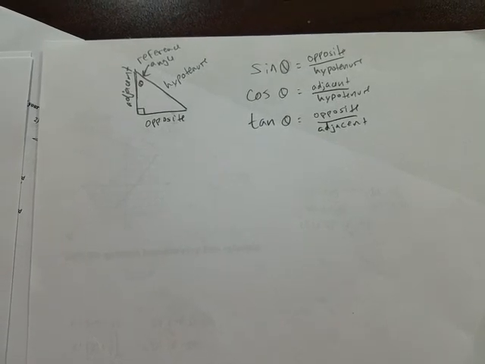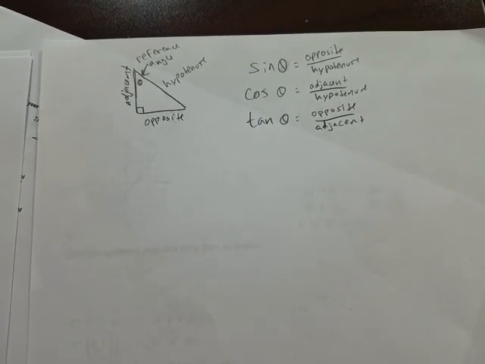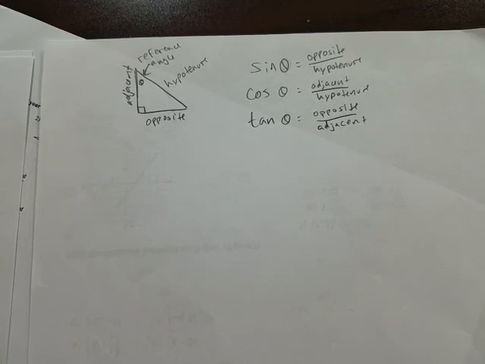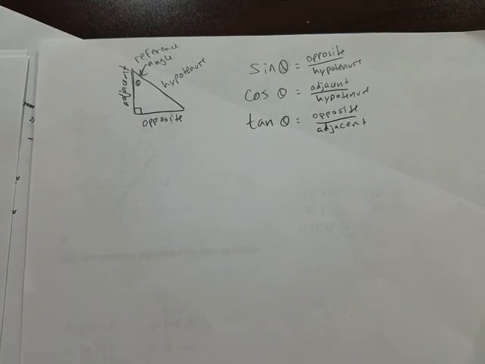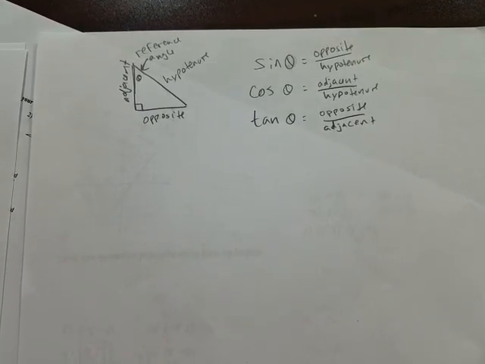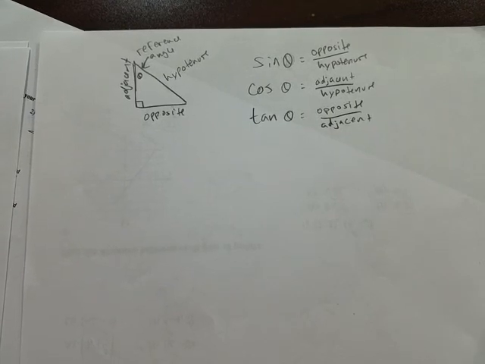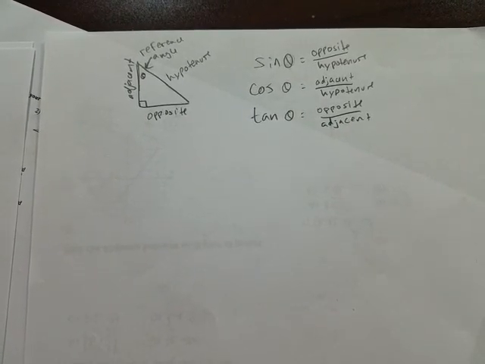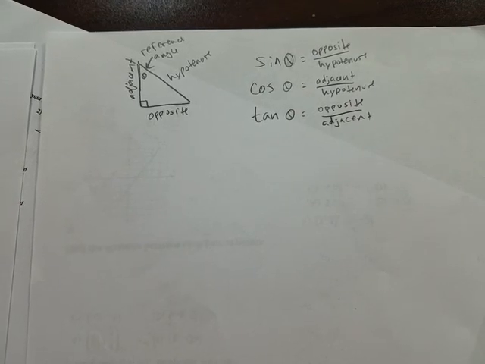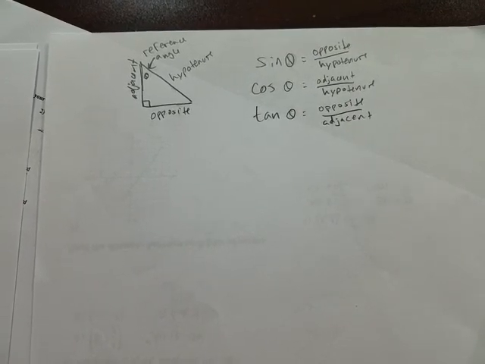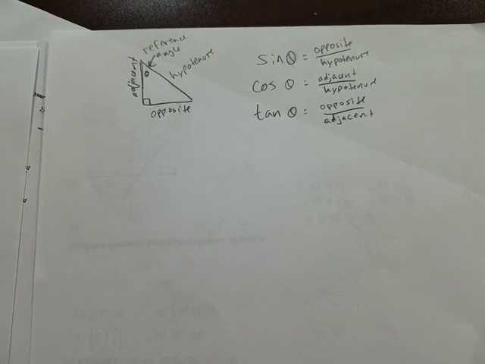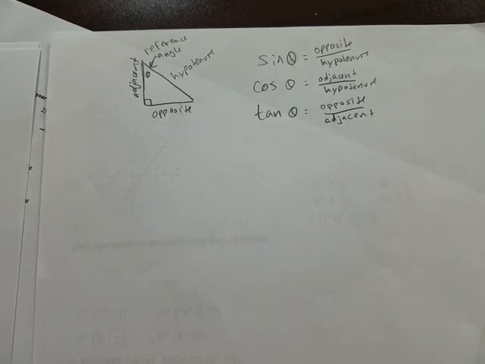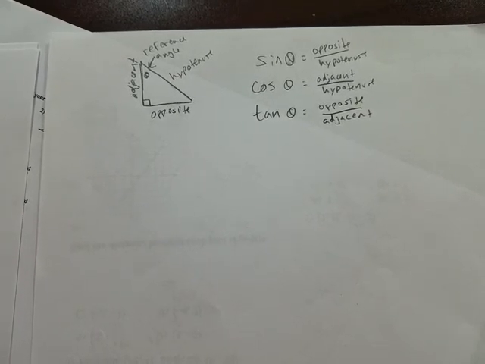Next we have a reference angle that we're given in the problem, whether it's the letter name or a theta, that little zero-looking symbol inside the angle. That's the reference angle. The side across from the reference angle is opposite, and the one beside the reference angle is the adjacent. So name the hypotenuse first, then identify your reference angle, and then opposite, and then adjacent.